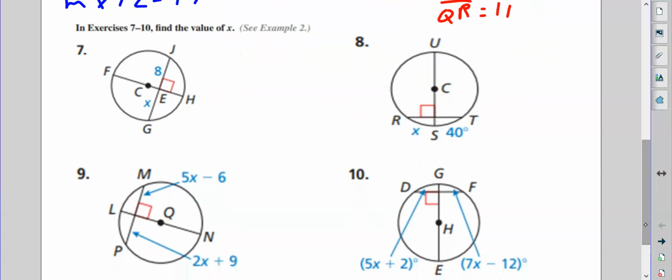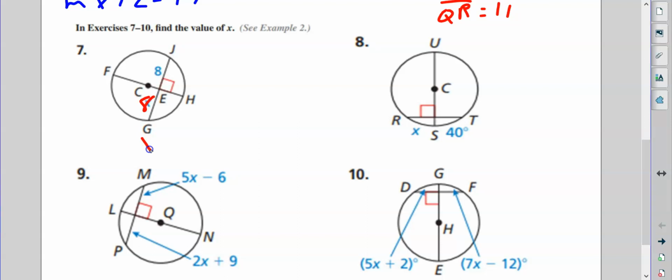All right, now we're into the perpendicular chord bisector theorem. When we have these two chords, the diameter is perpendicular to the chord. That means it is a bisector.